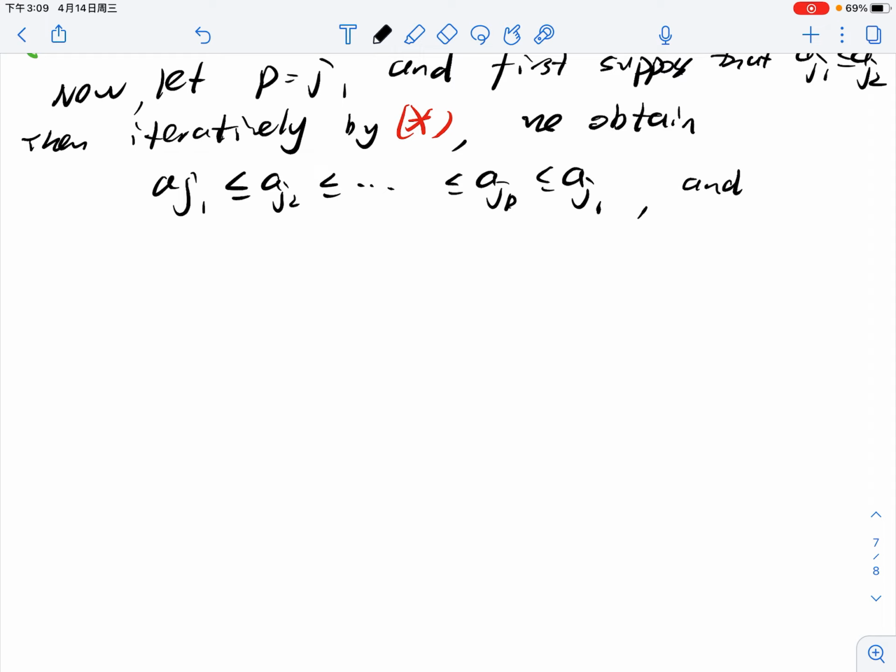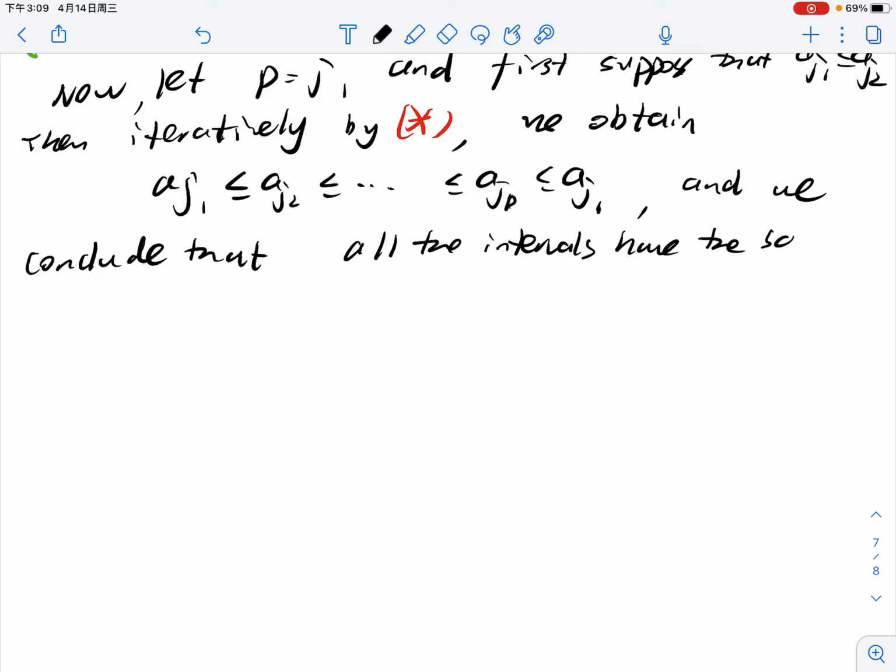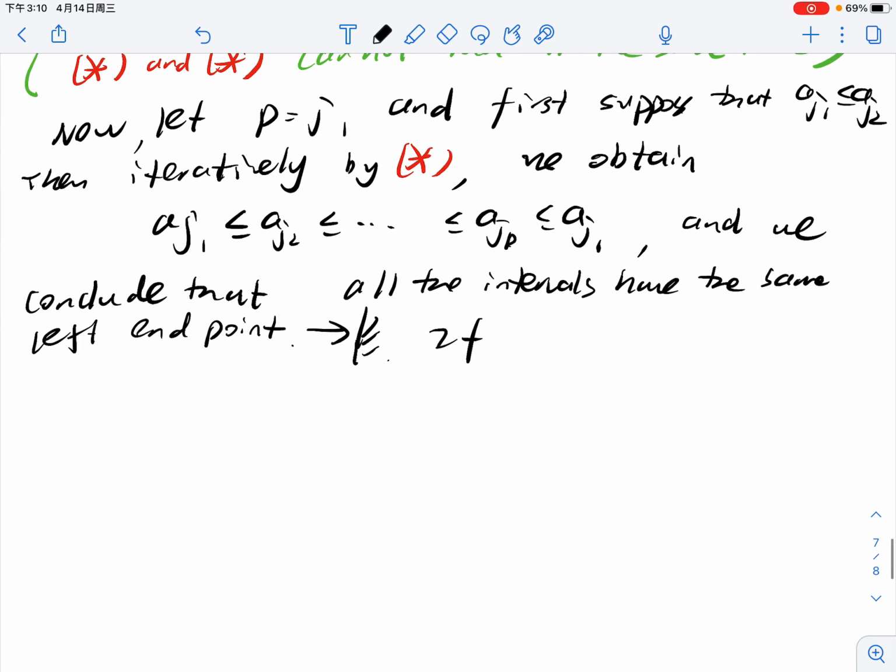And we can thus conclude that all the intervals have the same left endpoint. This is a contradiction because we assume the emptiness of the intersection. So if AJ1 is greater than AJ2, then we have BJ2 less than or equal to BJ1.